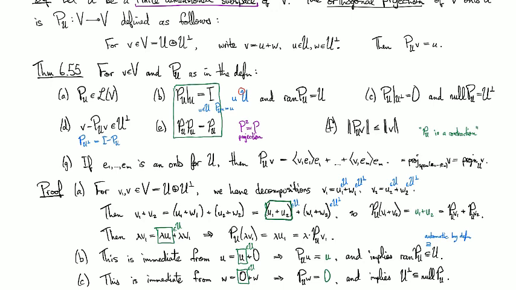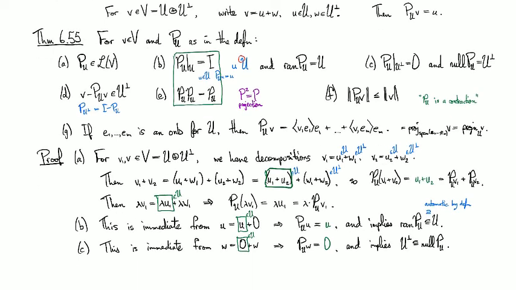Now for the reverse inclusion here, if V is in the null space of the projection, then that means that V looks like 0 plus something, and the thing that goes in here has to be in U perp. But in order to make this equality true, the thing that has to go in the box is V itself.